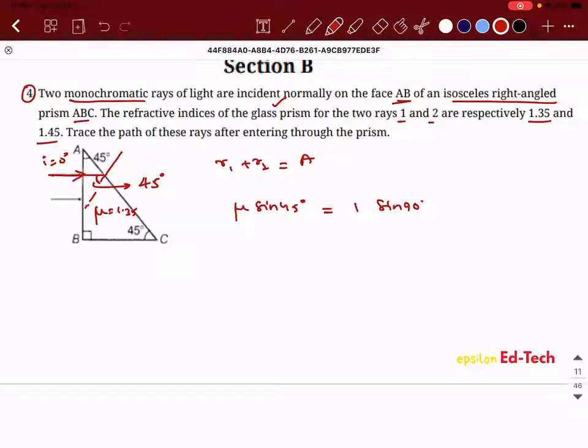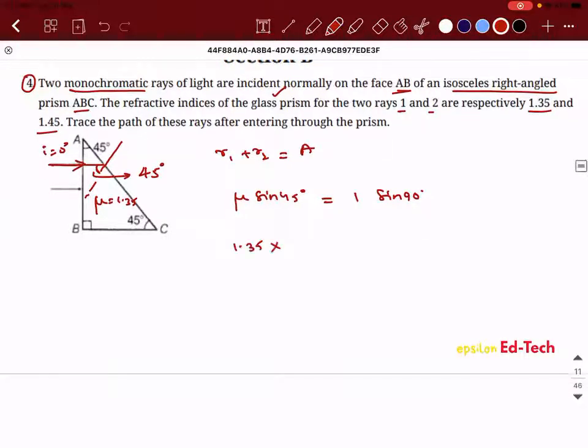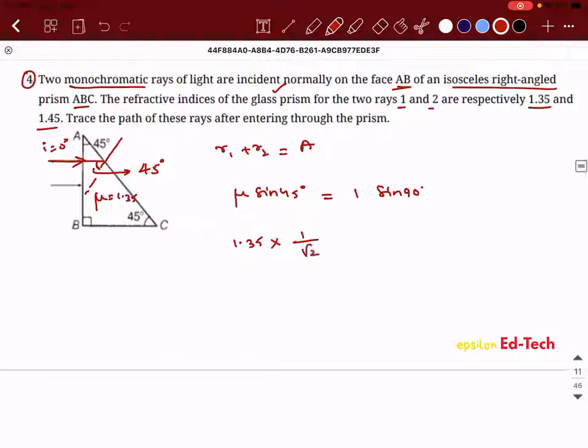Mu is 1.35 into 1 by root 2. Is it greater than the critical angle?